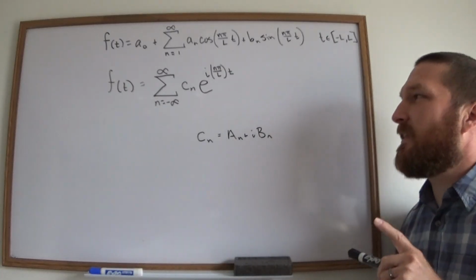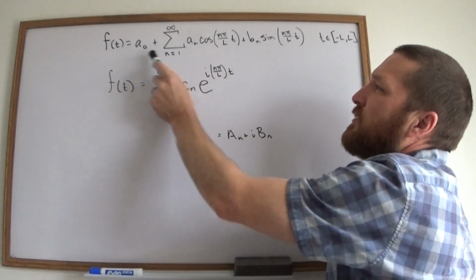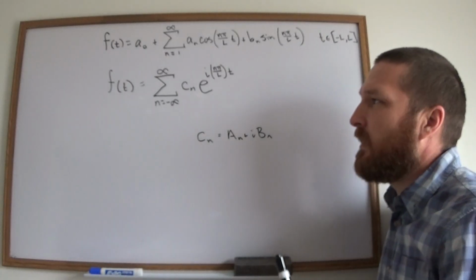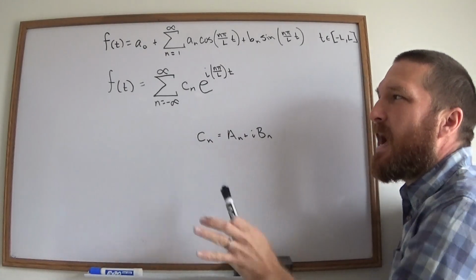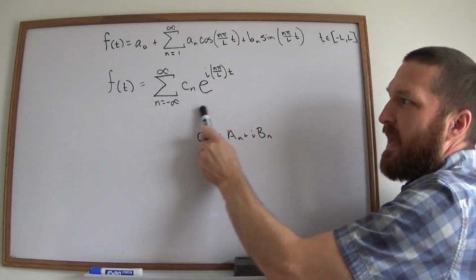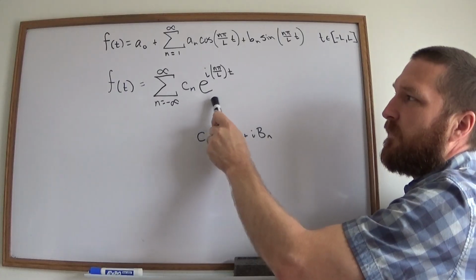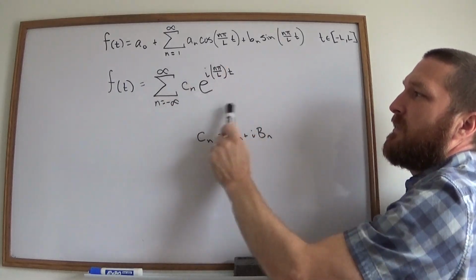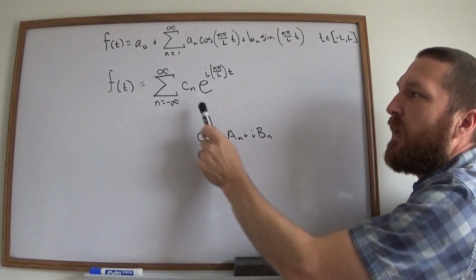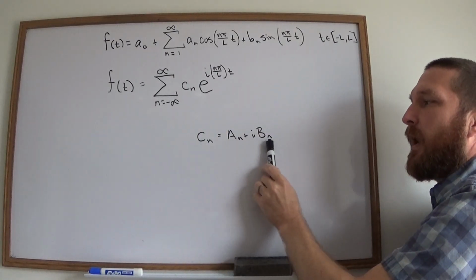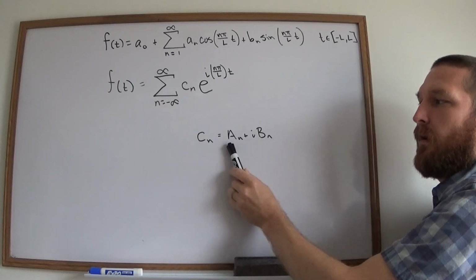But then I said that this right here is just a special case of what's really going on. I said that f of t actually has this form right here. It's a sum of e to the i stuff with a c_n, where these constants are actually complex constants.